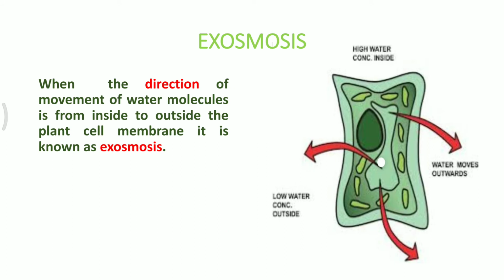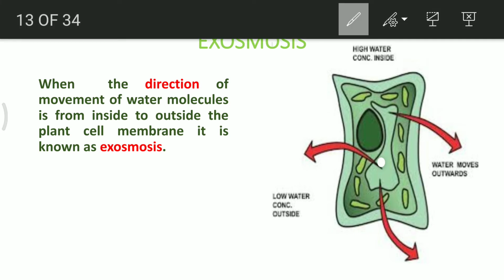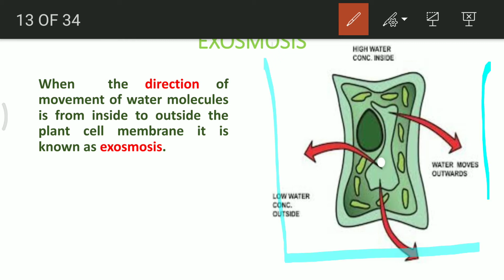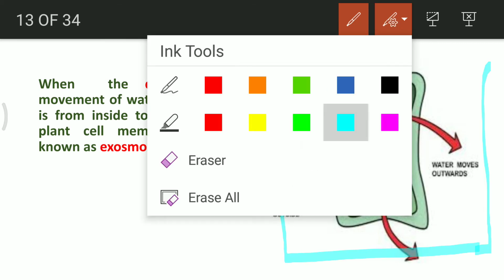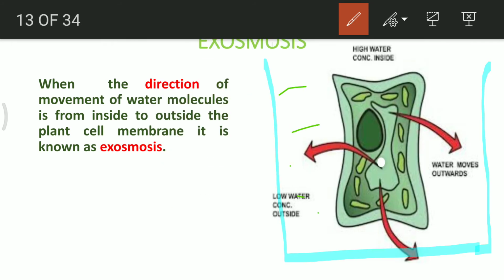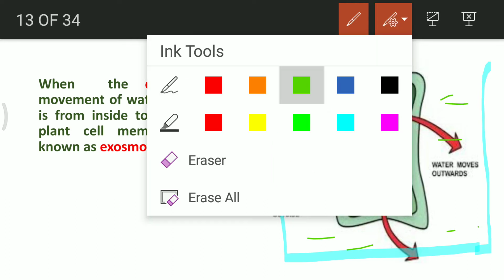Endo means the water was moving in from outside. In exoosmosis, the water molecules move from inside the plant cell to outside. Again, imagine a beaker with water molecules along with solute, but the quantity of solute is much higher.